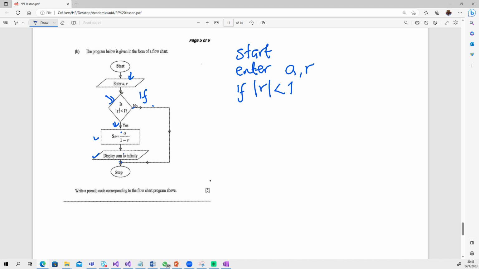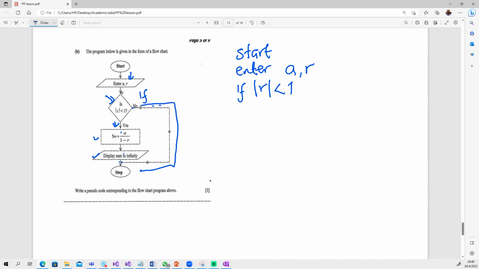So what this tells us is, if this condition is false, don't do anything. If it's true, then you do this here.